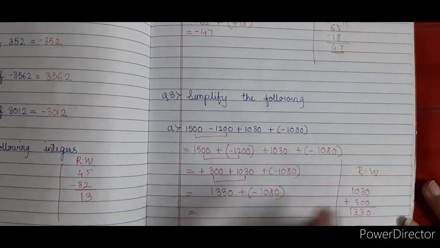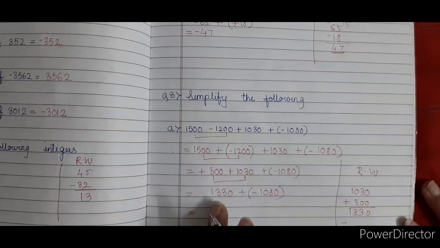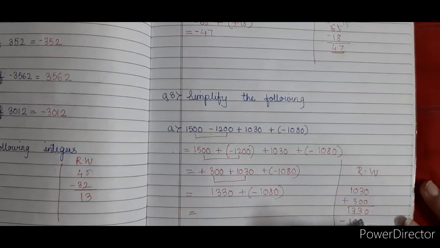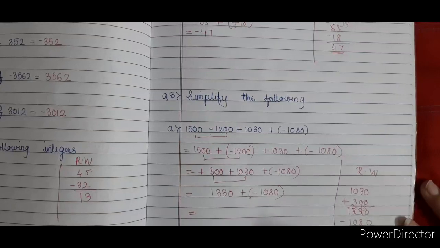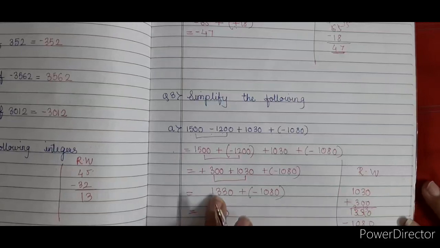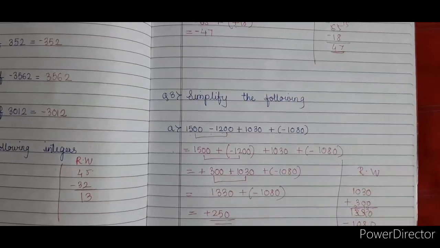Both have different signs, so I'll subtract 1080 from 1330. Let us do it. 0, 2, 5, 2 and 0. So I have 250. And what is the sign of my greater number? It is plus. So my answer is plus 250.